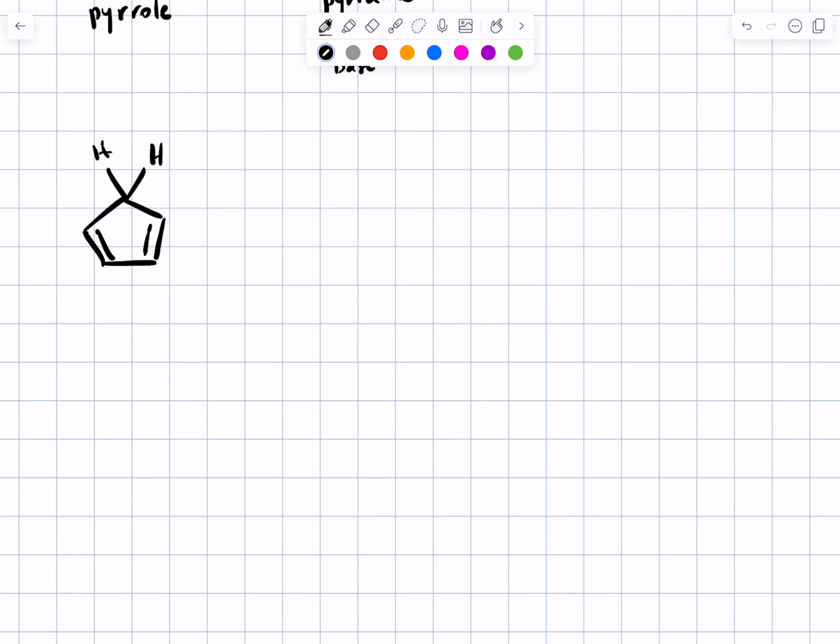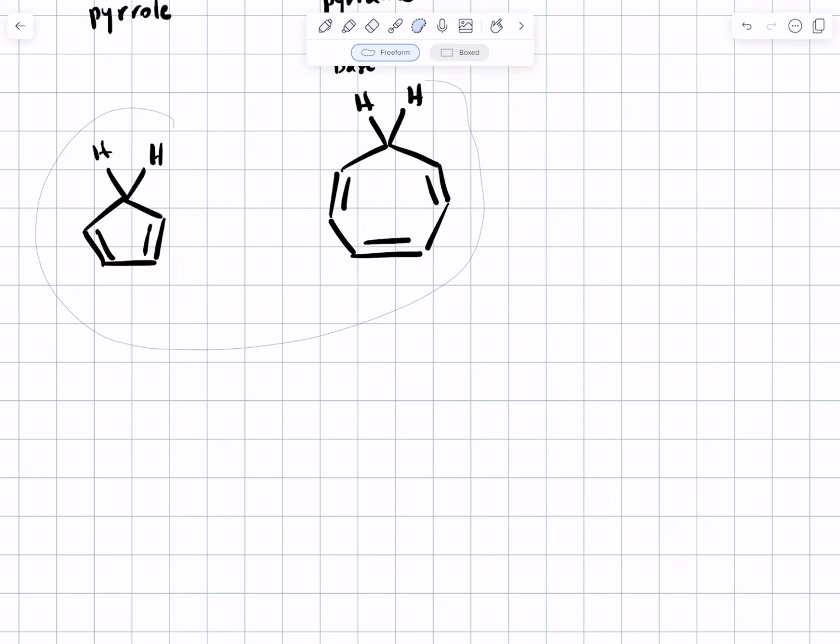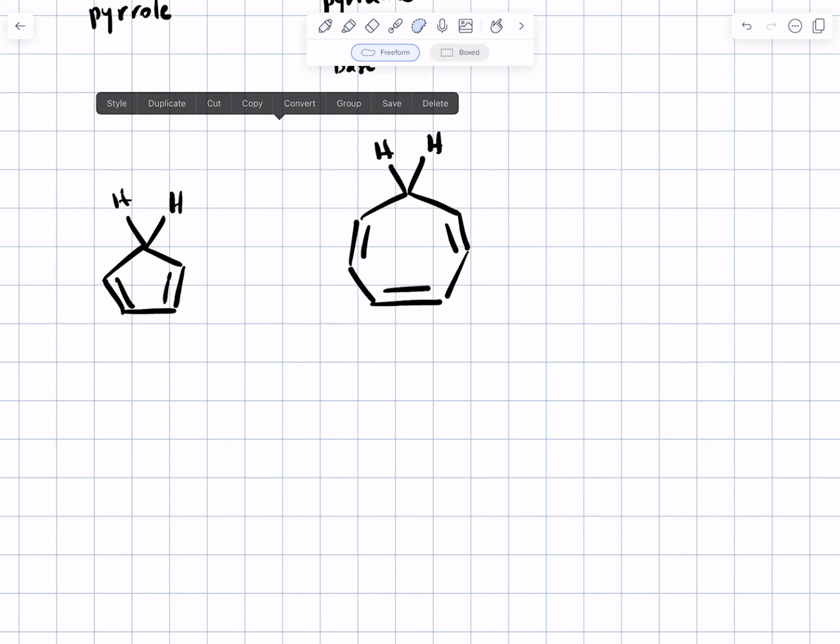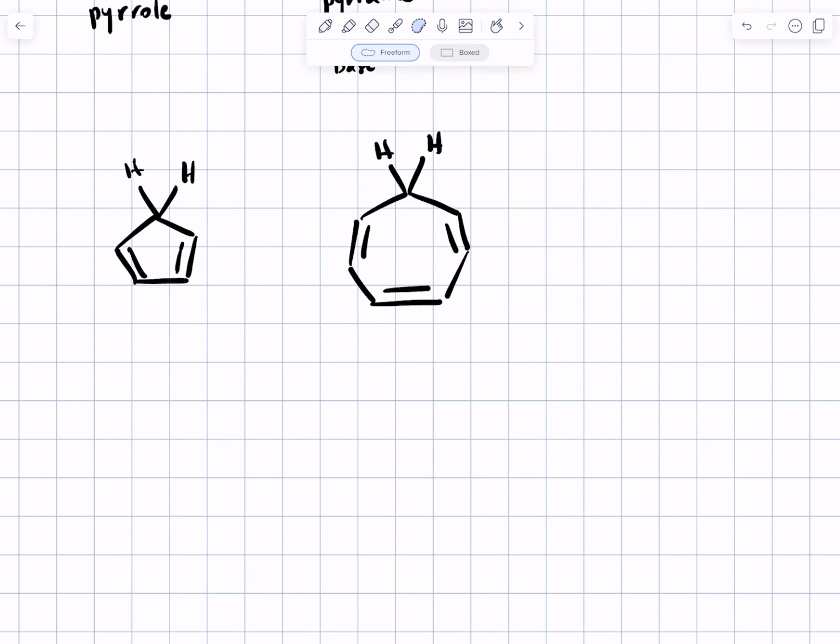For example, we can compare these two molecules. People have told me that my 7-membered rings resemble somewhat sad robots. So in any case, which of these two is more acidic and why?